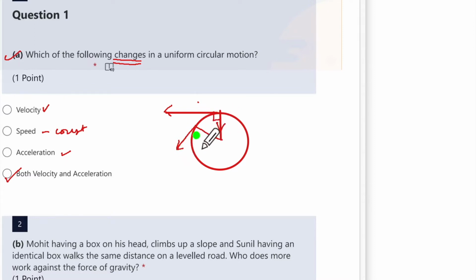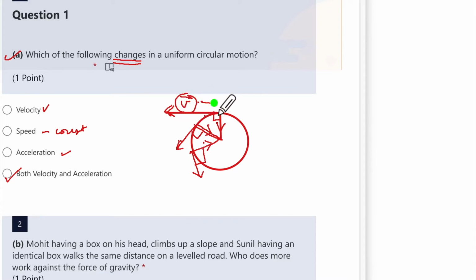So at each part on the circumference, you will see that the radius and the direction of displacement, that is the centripetal force and the direction of displacement, they are going to be at right angles, and you will see that the direction of the velocity is changing at every instant.